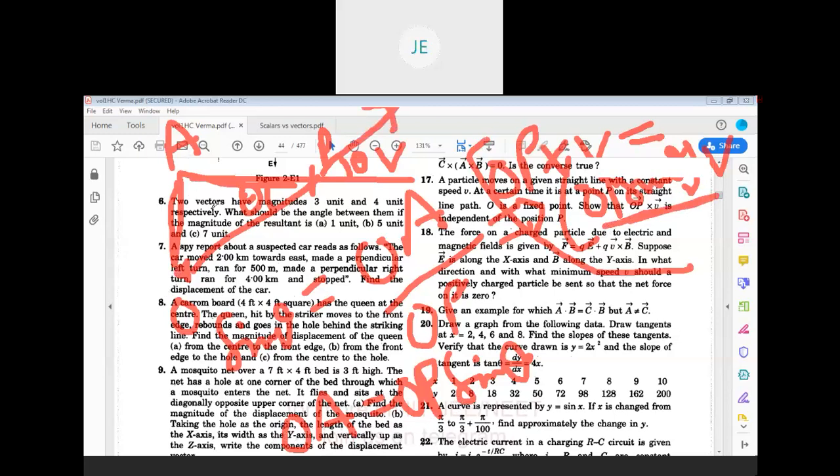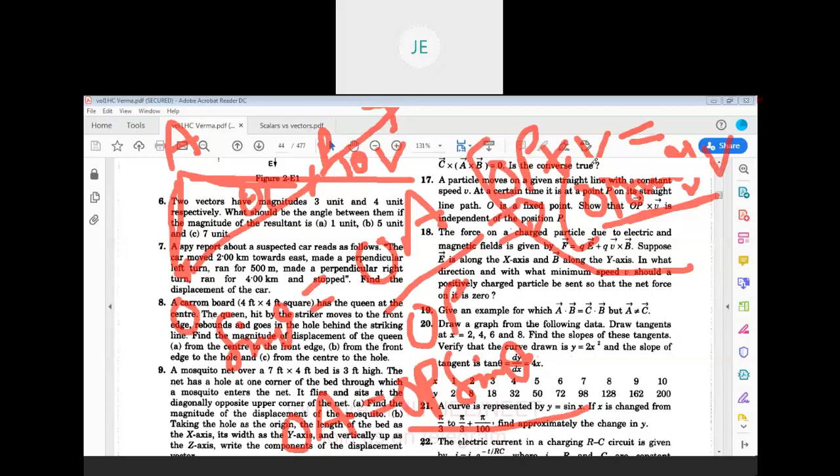See, O is a fixed point from this line. So OA is fixed. That means OP sin theta is also fixed. And V speed is constant, they have given, so that is also fixed.